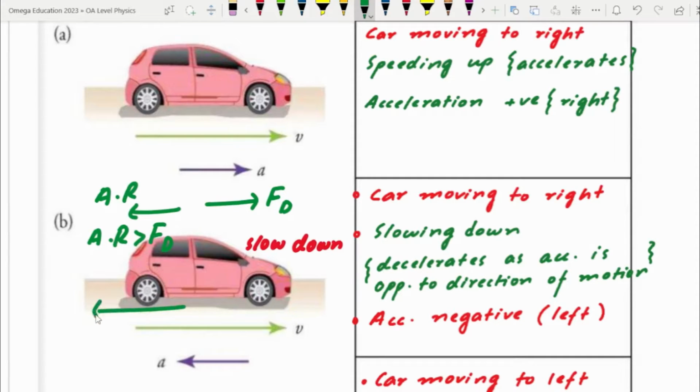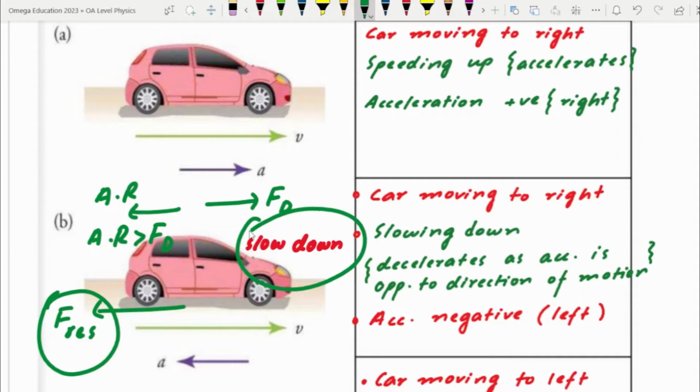Hence, the resultant force would be towards the left side, and the acceleration is also on the left side. Because the acceleration is on the left side, we call it negative acceleration, and because the object is slowing down, we call it deceleration. So far, this is consistent with the normal cases, where deceleration and negative acceleration apparently look like the same thing.